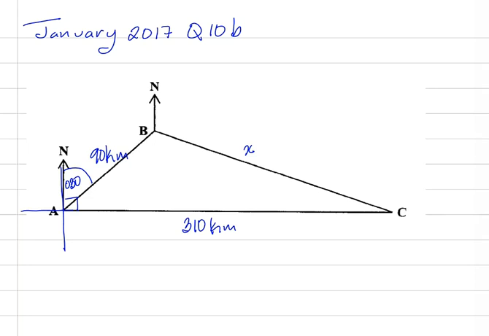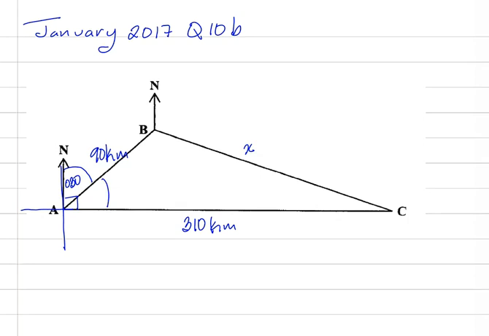What we know about triangle ABC is the lengths of 2 sides. That's not enough information, but I can easily find this angle here, and I'm going to call it alpha.